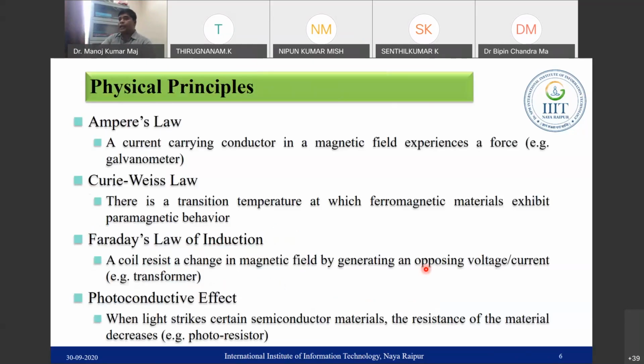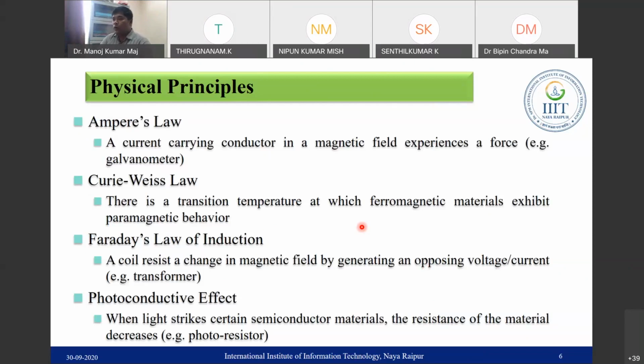Now, these are some of the physical principles on which we are building, or manufacturing, sensors. A sensor can sense electrical current, sound and waves, and other electromagnetic field signals. So we have to follow some very famous laws to manufacture sensors.